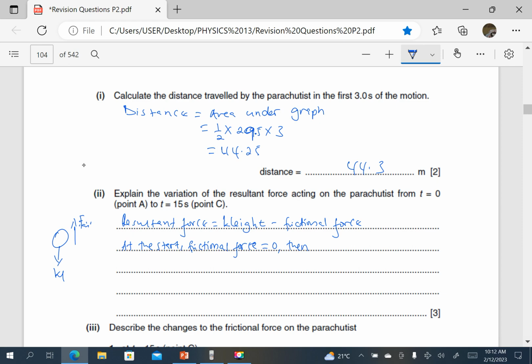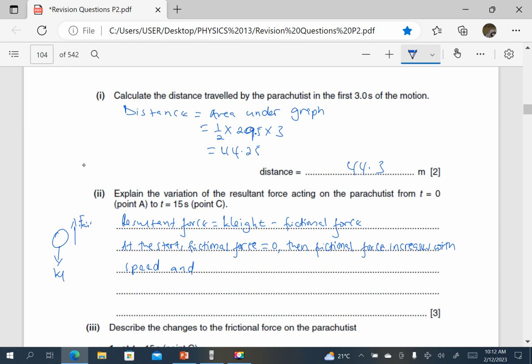Frictional force increases, of course, with the speed.